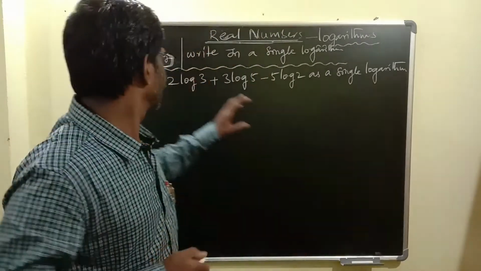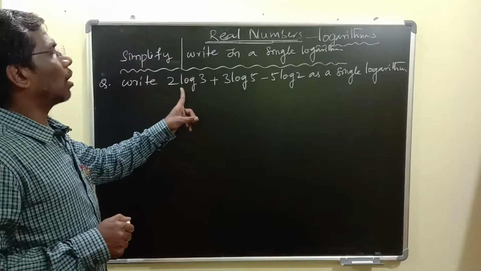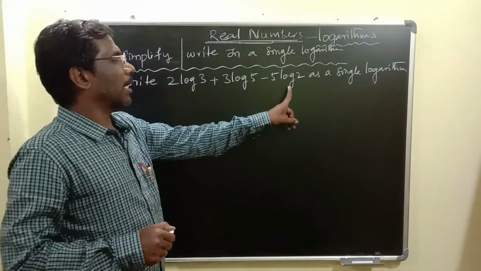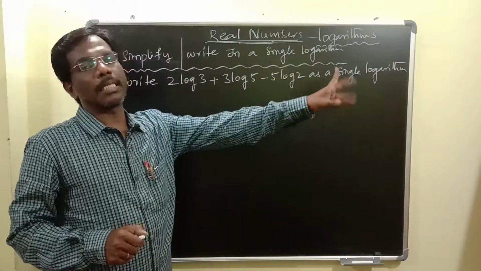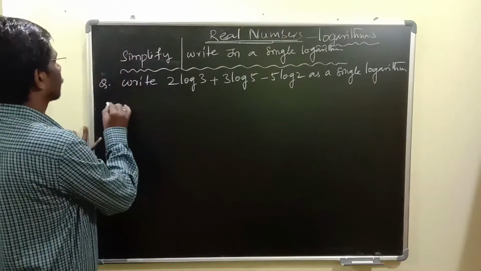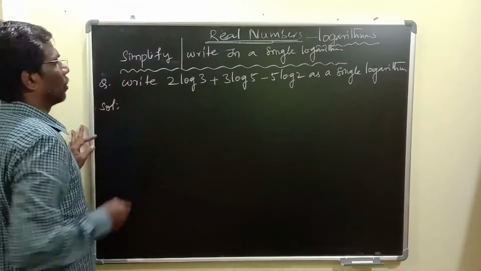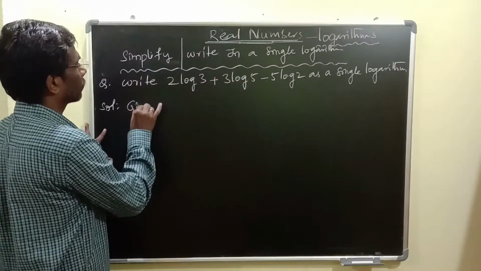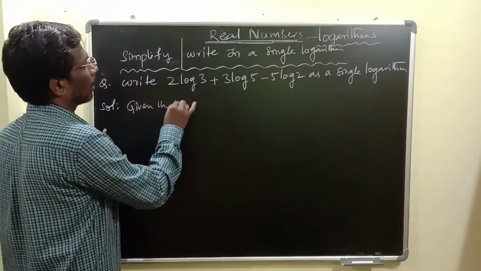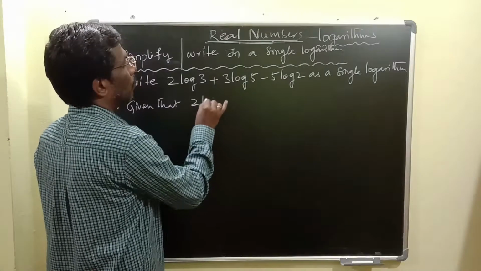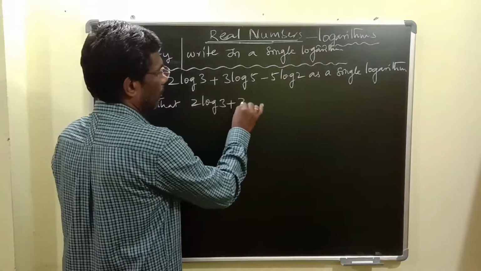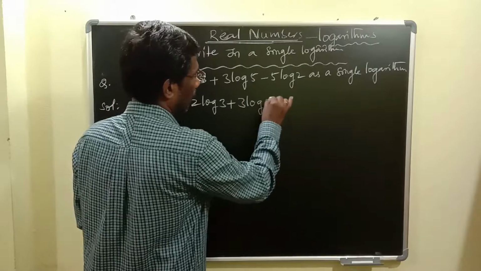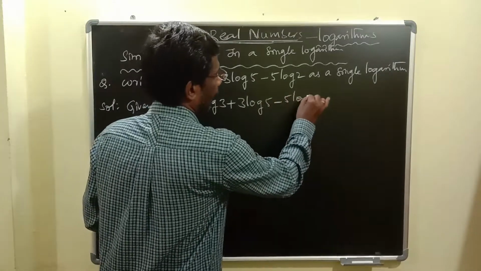Now the question: write 2 log 3 plus 3 log 5 minus 5 log 2 as a single logarithm. Solution, given that 2 log 3 plus 3 log 5 minus 5 log 2.